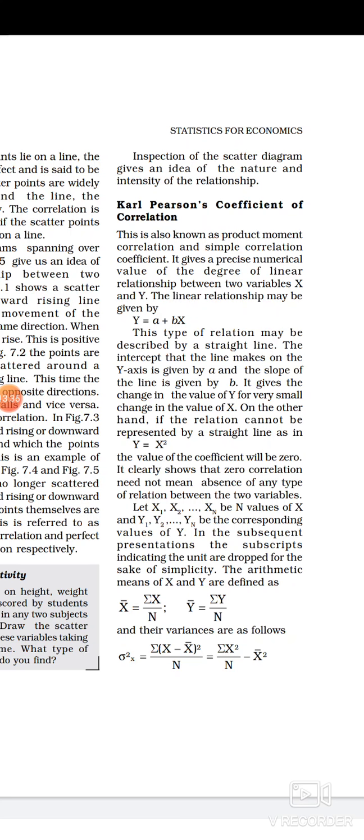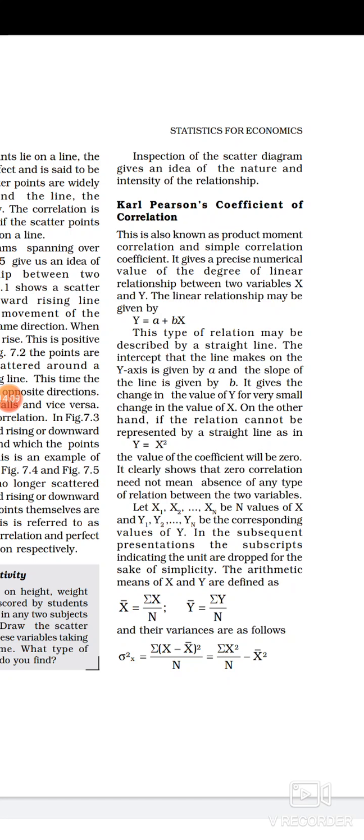Let x1, x2 and so on up to xn be n values of x, and y1, y2 up to yn be the corresponding values of y. In the subsequent presentation, the subscripts indicating the units are dropped for the sake of simplicity.